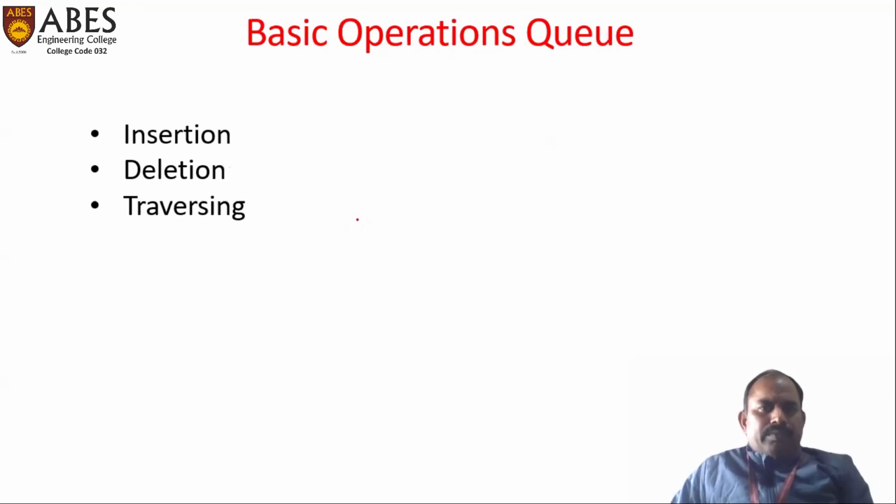There are various operations we can perform on a queue data structure, but some of the basic operations are insertion, deletion, and traversing. In the insertion operation, we add elements into a queue data structure, and sometimes this operation is also called the NQ operation.